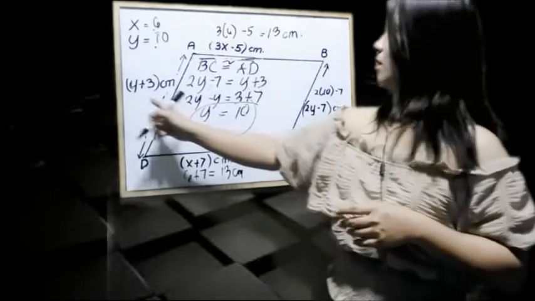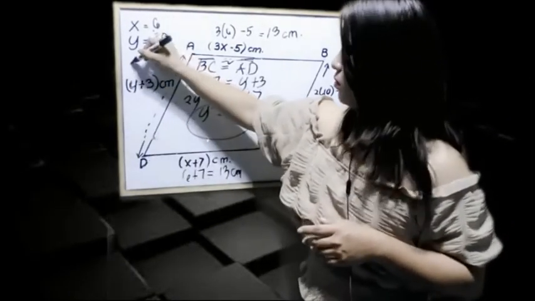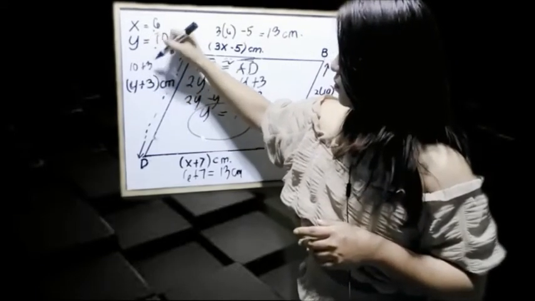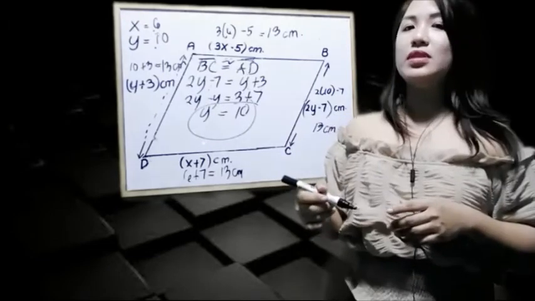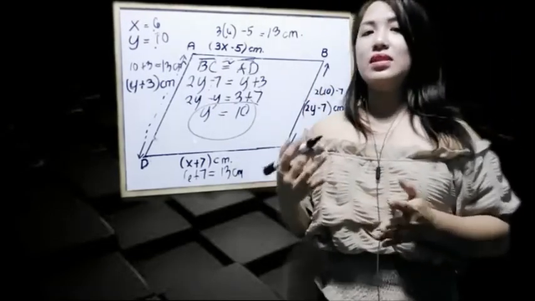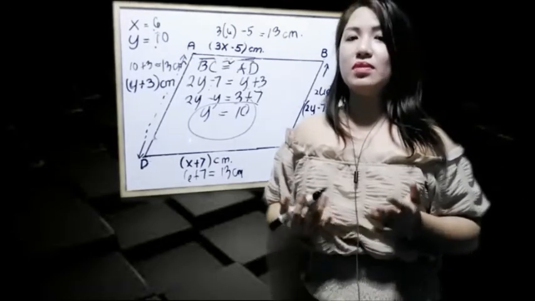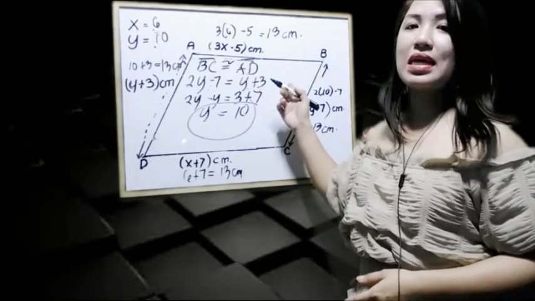Same here: y plus 3, that will be 10 plus 3, which gives you 13. So now I found out that all of these sides have the same exact measure of 13 centimeters, which means our figure is a rhombus because it has 4 equal sides, each with a measure of 13 centimeters.